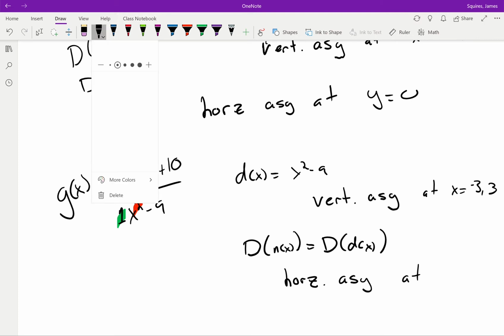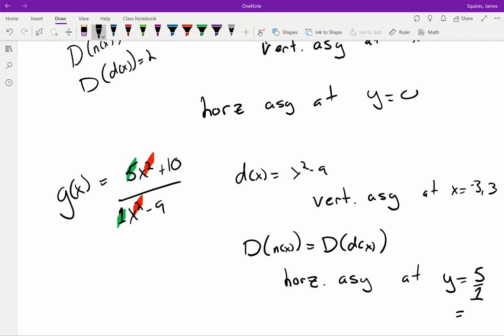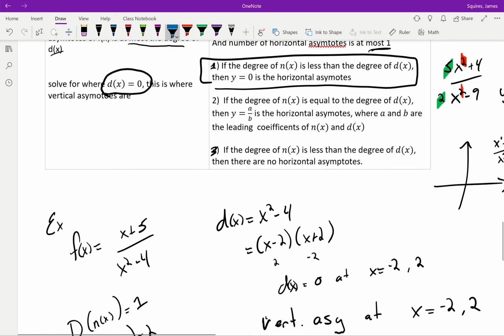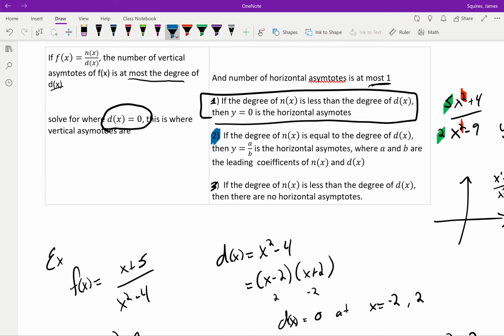So that means we have a horizontal asymptote at y equals 5 divided by 1, which also just equals y equals 5. And that is following the rule: if the degree of the numerator equals the degree of the denominator, that corresponds with rule 2, then the horizontal asymptote is at the equation y equals a divided by b.